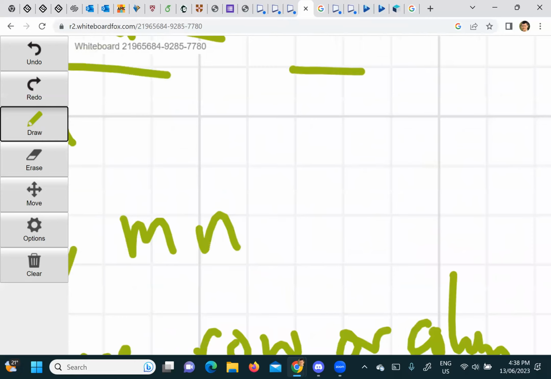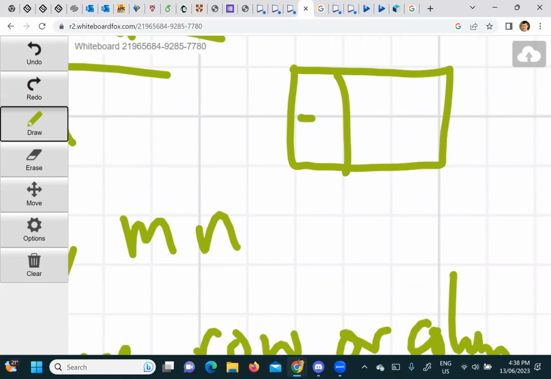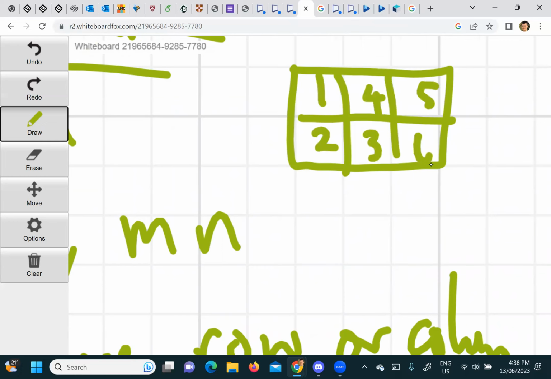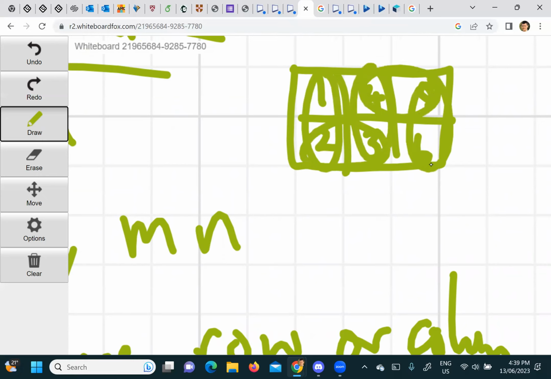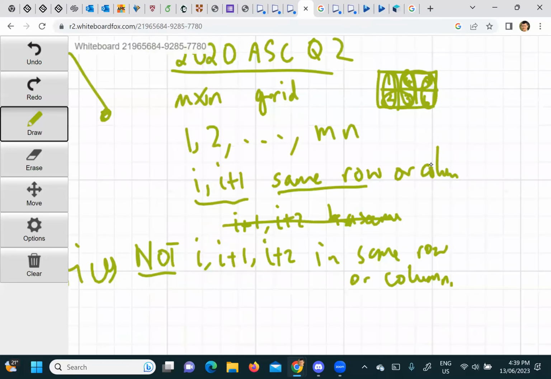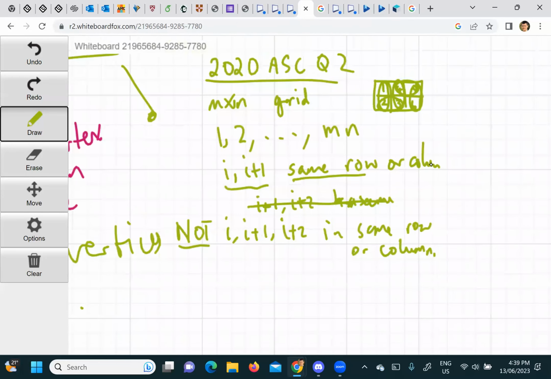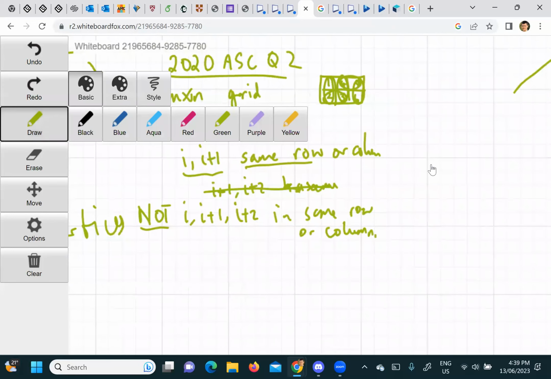So for example, if you had like a 2 by 3, you could do 1, 2, 3, 4, 5, 6, yeah? So these are in the same column, same row, same column, same row, same column. It alternates, yeah? Okay, so the cool thing about this problem is not just solving it normally, which you can do quite easily.